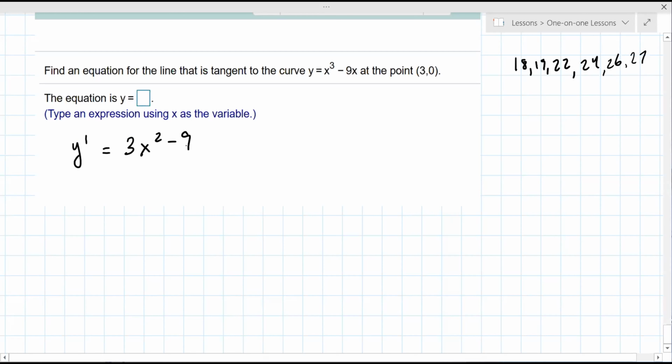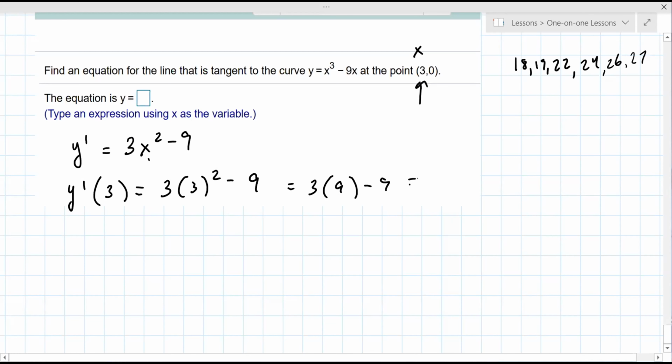Then you have to evaluate the derivative at 3, because that's the x value. So that's 3 times 3 squared minus 9. And the derivative is always the x value, right? You're putting this x equals 3 into the derivative. Right. So that's 3 times 9 minus 9, which is 27 minus 9, which is 18.